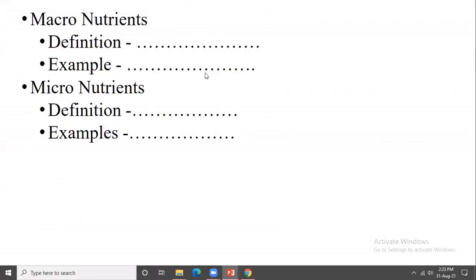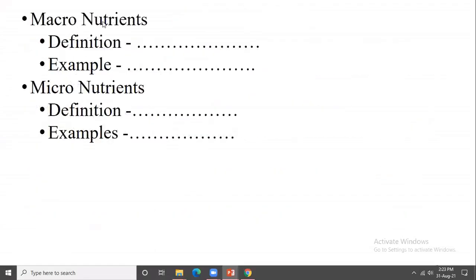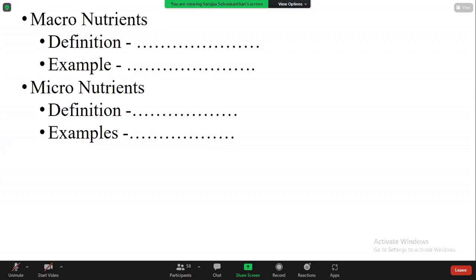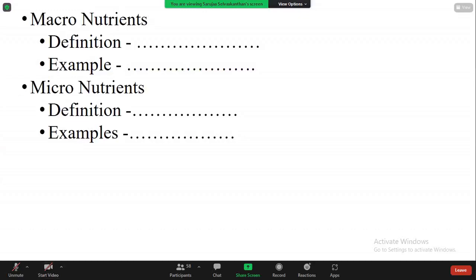Okay, we have divided nutrition into two types, macronutrients and micronutrients. What are macro and micronutrients? This also you can study in your A level.